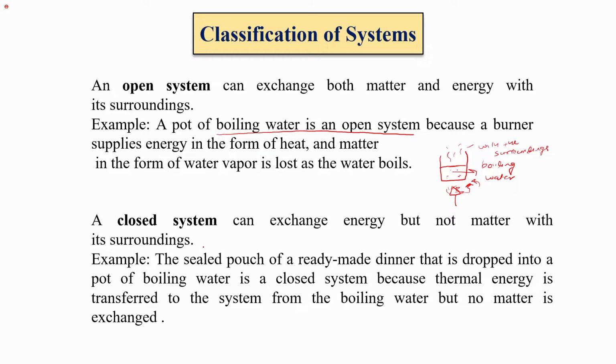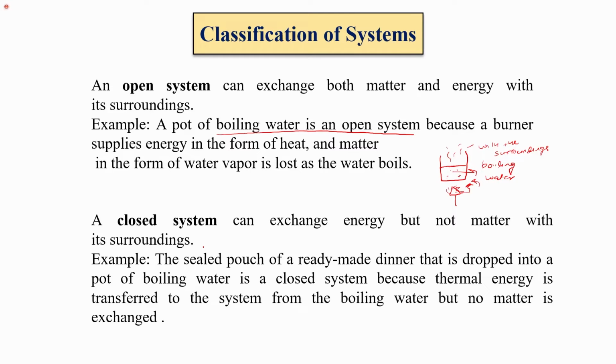So this sealed pouch of ready-made dinner, when it is dropped into a pot of boiling water, the whole system will be called a closed system. Let me tell you how. Here the thermal energy from the boiling water is getting transferred to the sealed pouch.